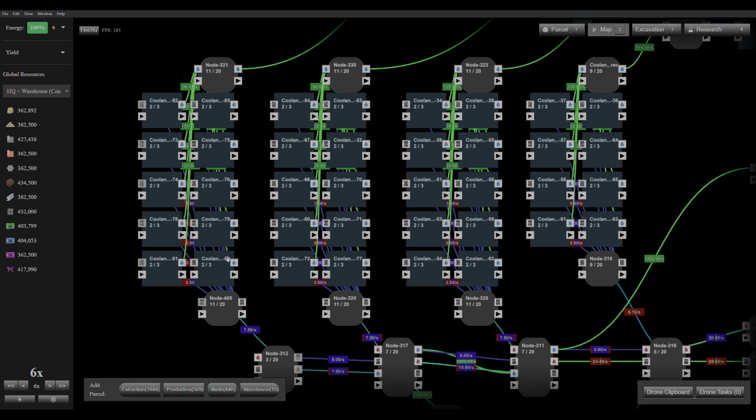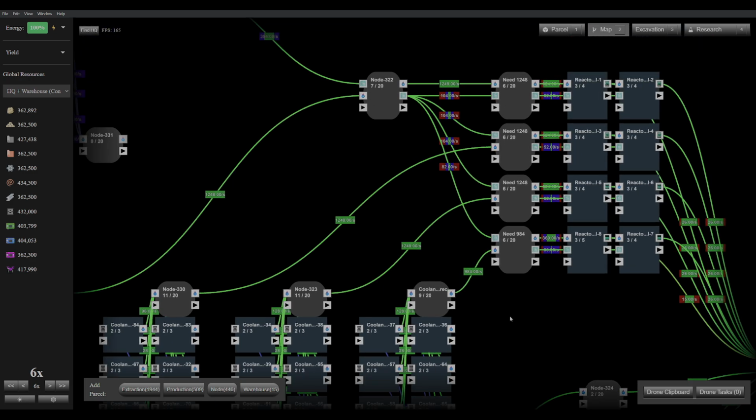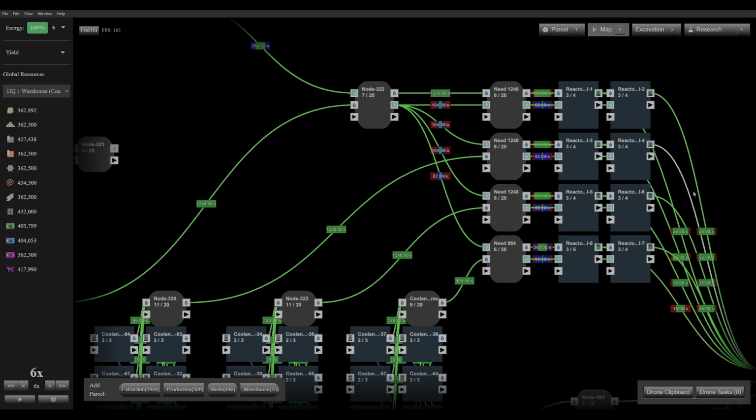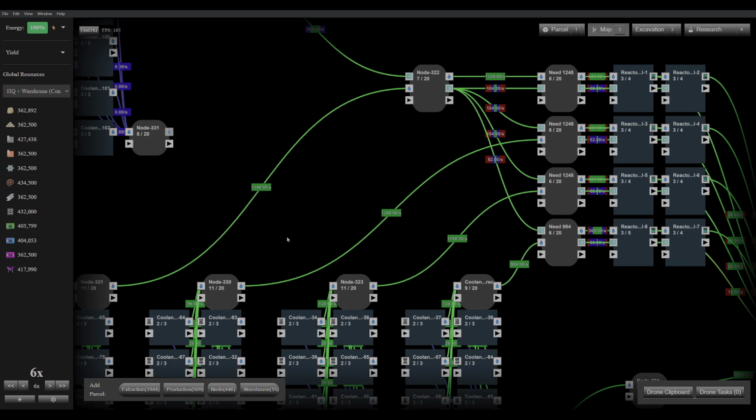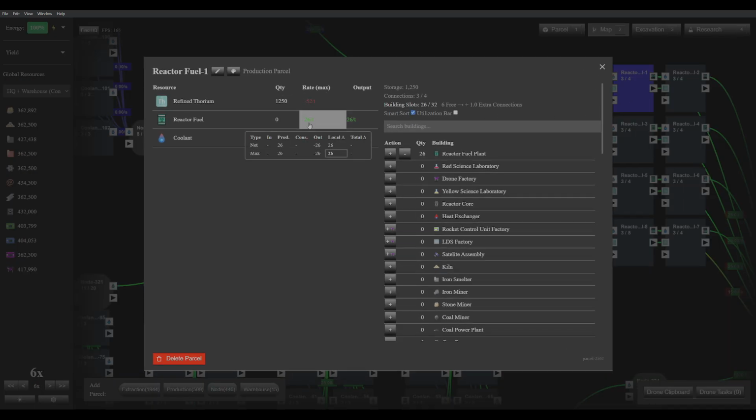So as we go from here, all the coolant from these comes up to the fuel rod production. Each one of these productions needs 1250 or 1248. As you can see, I got them labeled on the nodes here, except for this one. And that is because this fuel reactor production here is only producing 15, whereas all of these are producing 26.